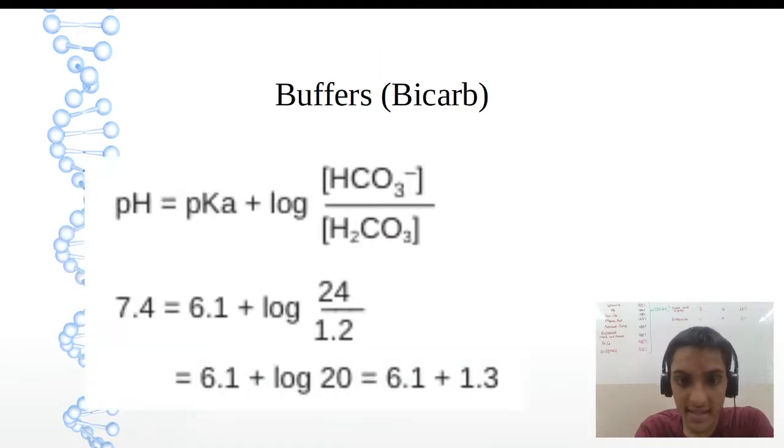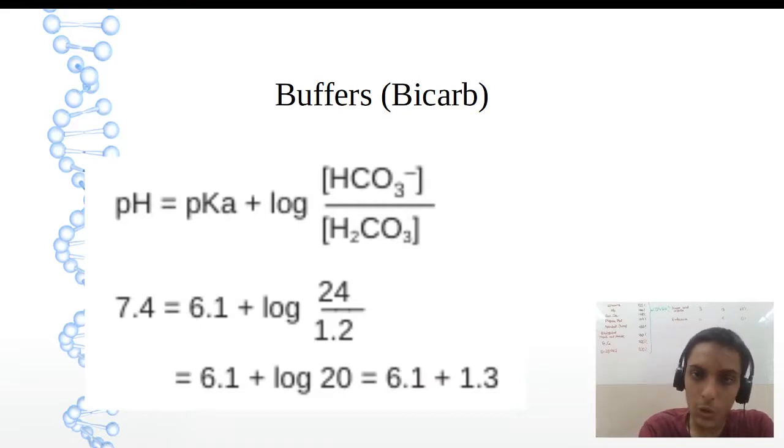Now let us apply the same equation to bicarb buffer. So how will we write it? pH is equal to pK plus log of bicarb ion by carbonic acid. So what is the acid? Carbonic acid. What is the base? That is the bicarb ion. So bicarb ion, let us take to be 24 millimoles per liter.